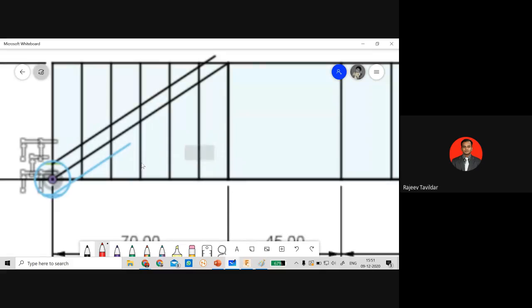Okay, so wherever the bottom slant line is cutting our first division, let me first mark the divisions here. So this will be 1, 2, 3, 4, 5 and 6. Okay, wherever the bottommost line is intersecting our first line, that point becomes P1.